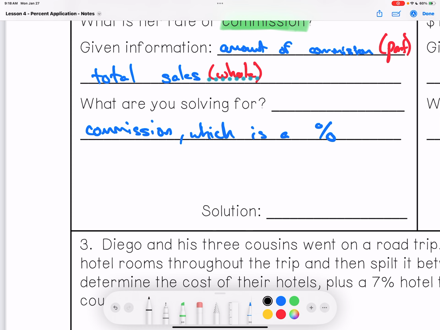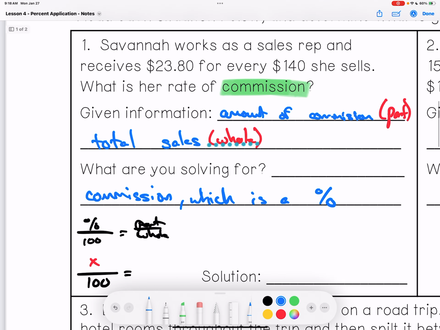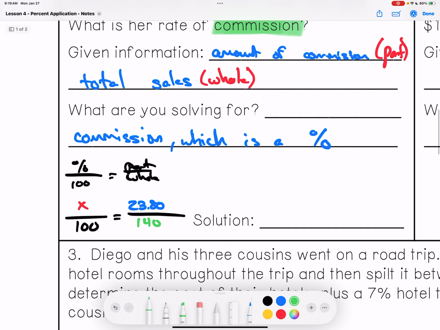Remember, our equation is percent, always over 100, equals part over whole. That still hasn't changed, okay? So we're looking for the percent. The part was 23.80, and the whole was 140. So you're going to solve that.